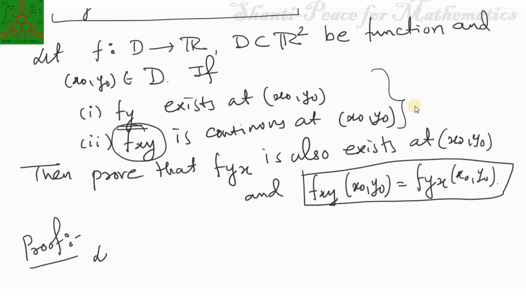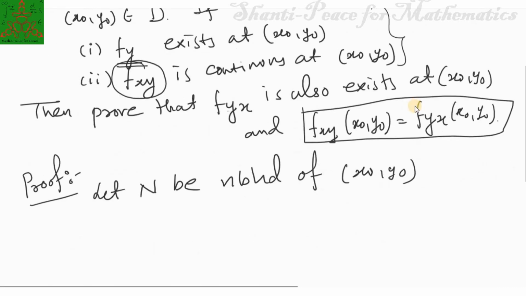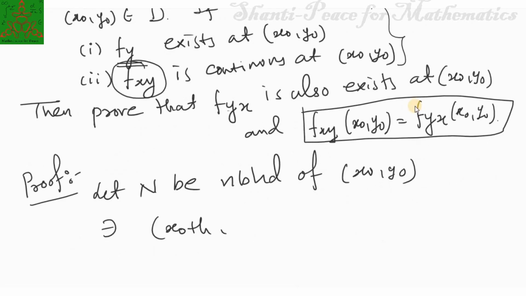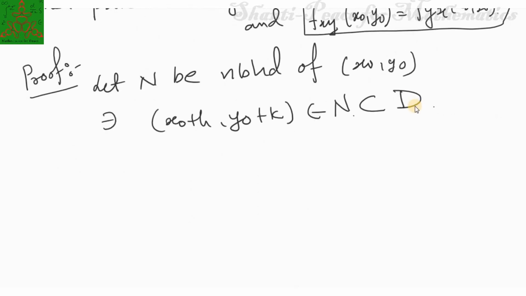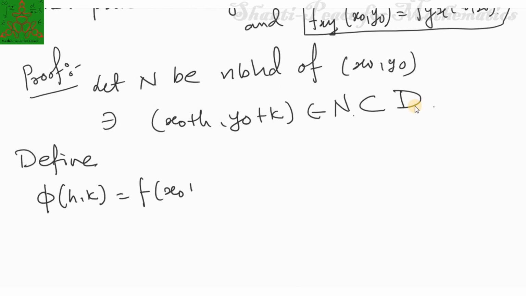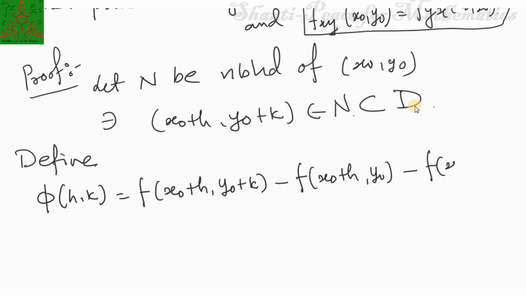Let N be a neighborhood of (x0, y0) such that the entire neighborhood lies inside the domain D. Now I define a function phi of (h, k) as f(x0 + h, y0 + k) minus f(x0 + h, y0) minus f(x0, y0 + k) plus f(x0, y0). I call this equation 1.